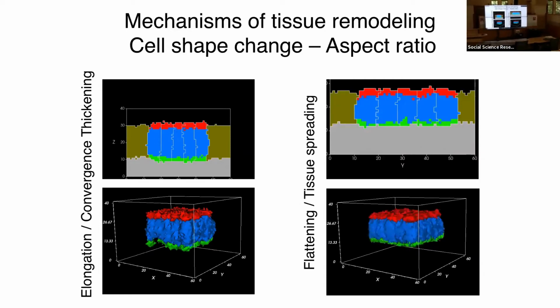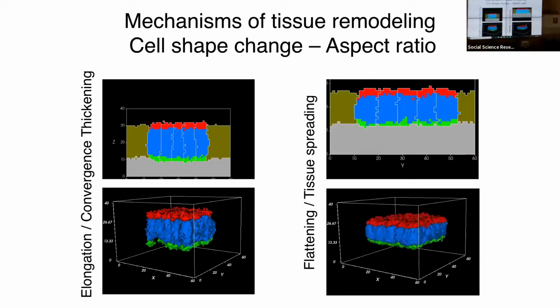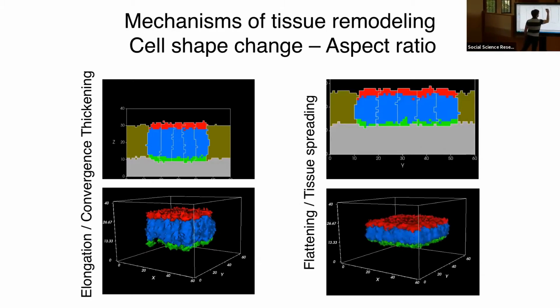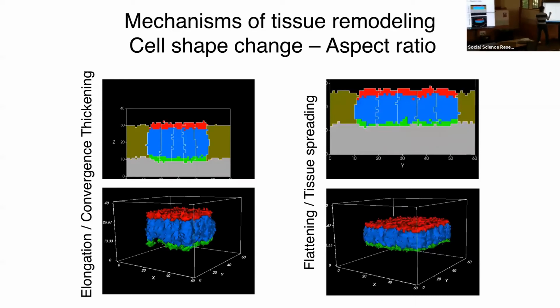We define lots of cells. We define a basal side of the cells, an apical side of the cells, and well, a core part of the cell, and then we specify links between those compartments.